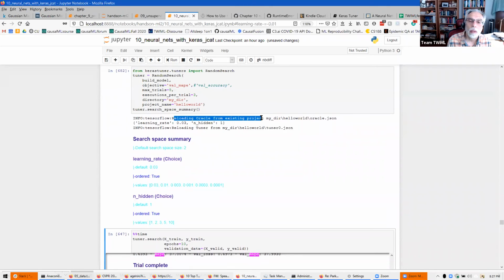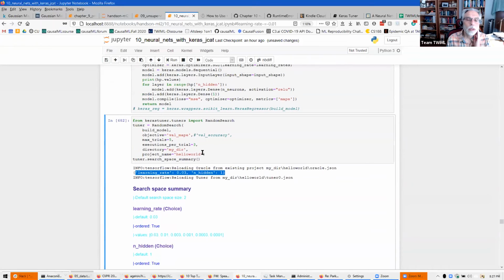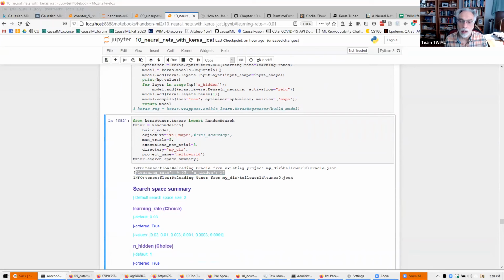So it's reloading from the existing project, and it's reloading with the learning rates that I gave it. I don't really want it to use those learning rates, so I'm going to delete them. It stores the stuff away in little subdirectories, and I want to delete those subdirectories so that it'll start fresh.